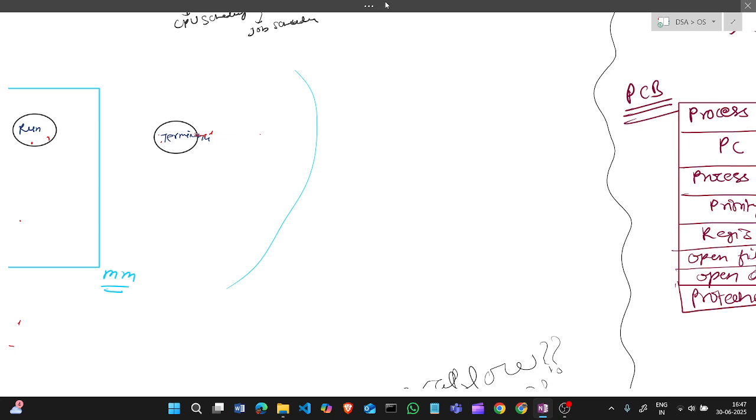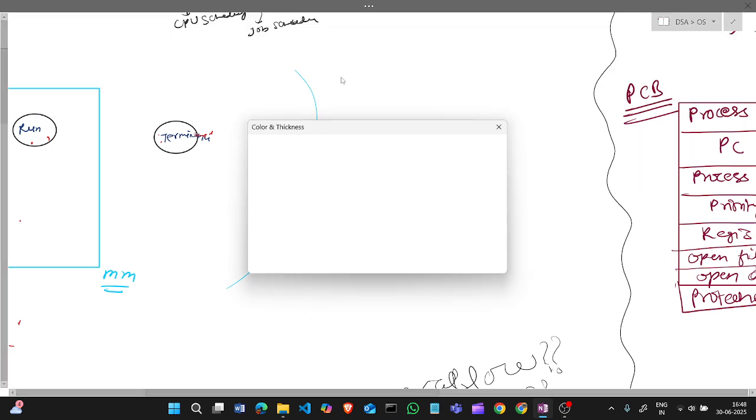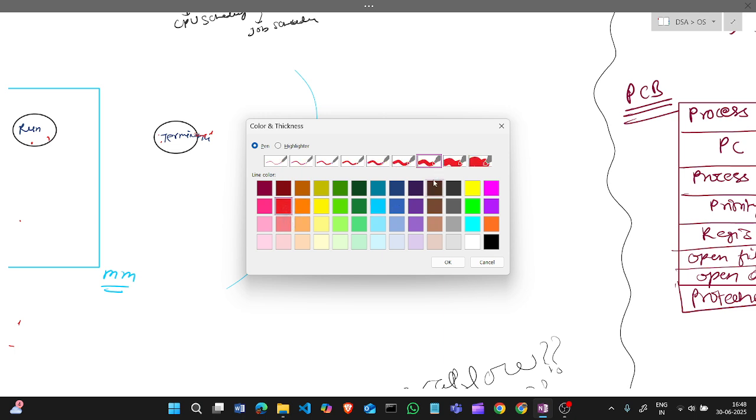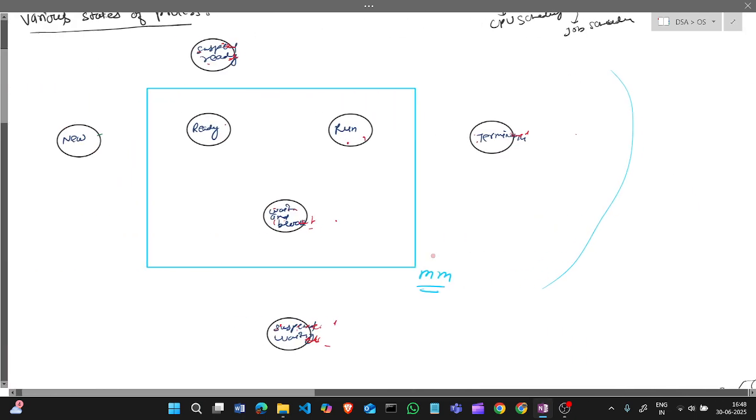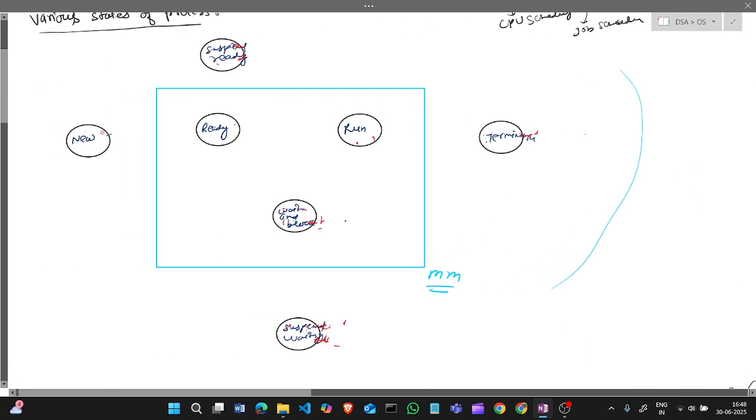So see what is happening here. This is the secondary memory. There are several programs, P1, P2, P3, P4.